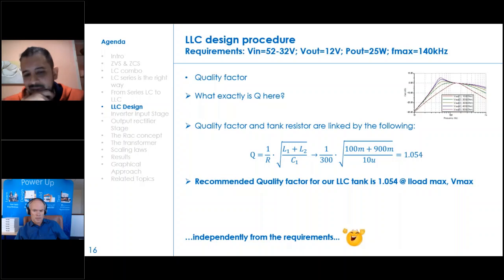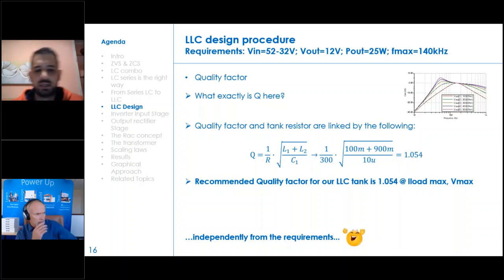For our tank, we have identified the 300 ohm resistor as the best one which mimics the high load current. Here we identify the best quality factor, that is low resonance related. Once again, that is 1.054 at the maximum bus and maximum load.